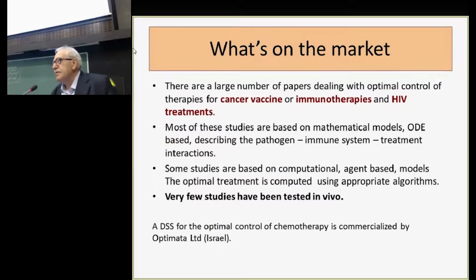What's on the market? There are a lot of papers on optimal control, mostly done by mathematicians who like to play. We have done a lot of work, but very few of them come from practice. They say, okay, I know this technique, I can have a model, I can build an optimal control using the theory, the maximum principle, or whatever it is.